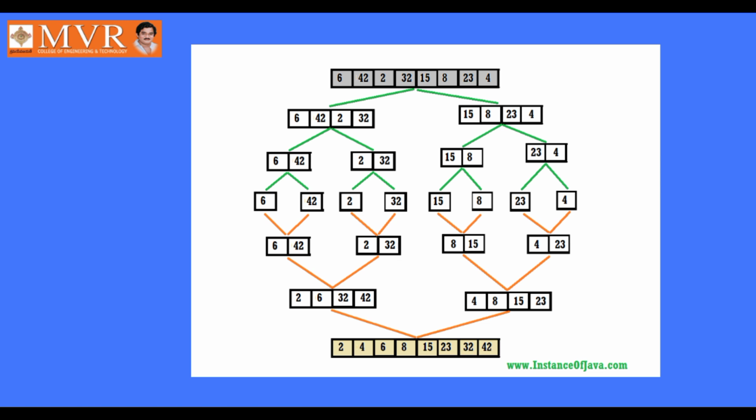In the second step also, when you divide into sublists, write the array indexes clearly, that is 0, 1, 2, 3. On the left side, 6 will be given 0, 42 will be given 1, 2 will be given 2 and 32 will be given the array index position 3, and based on that again perform the division, that is 0 plus 3 by 2, that is 1.5.